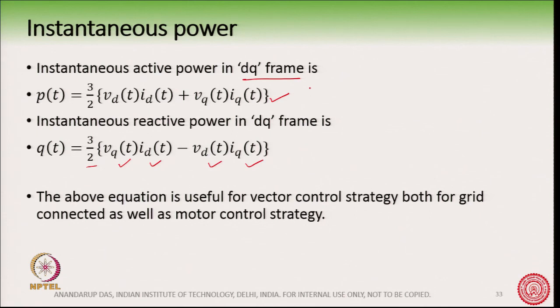These two equations we will use for the vector control strategy, for grid connected systems as well as motor control. We will talk about the grid connected systems, and with these equations in the dq domain, we will use Pt and Qt, the instantaneous active power and the instantaneous reactive power.